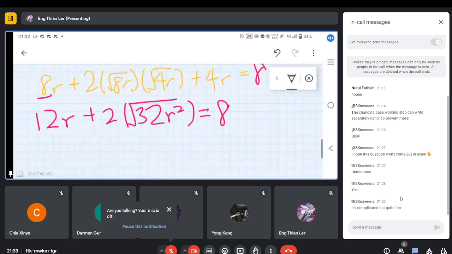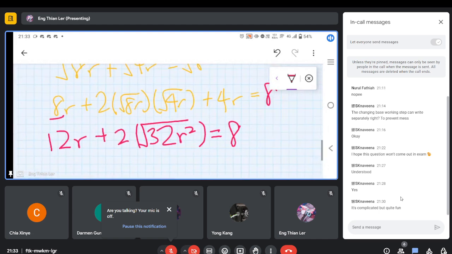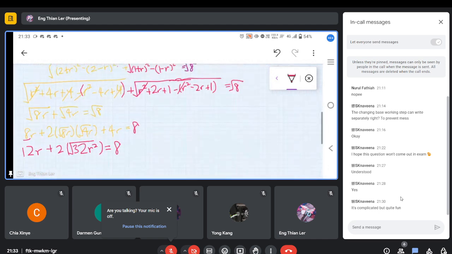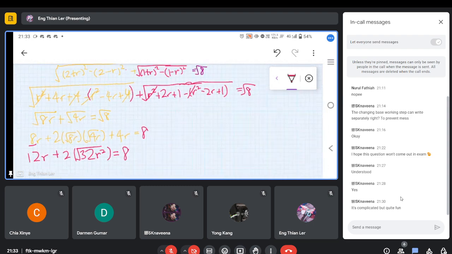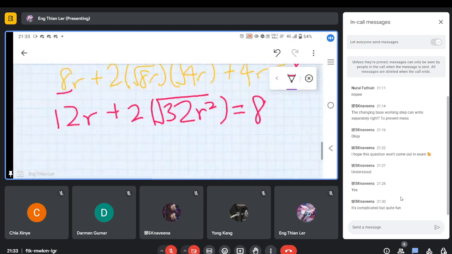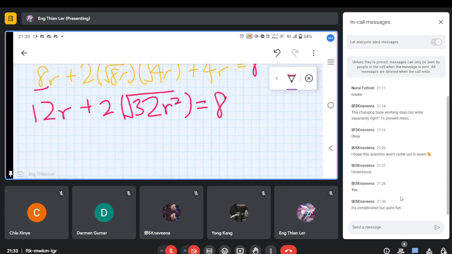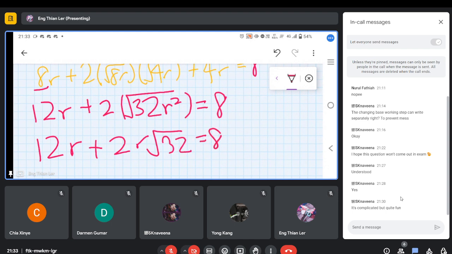Remember, this r is the radius of the small circle. So look at this, from big bracket to just this. Yeah, pretty much very big cancellation. So now, 12r plus 2r, this r square I can get out from 2r, become root 32 equal to 8.